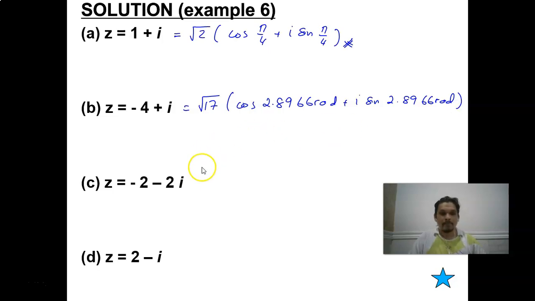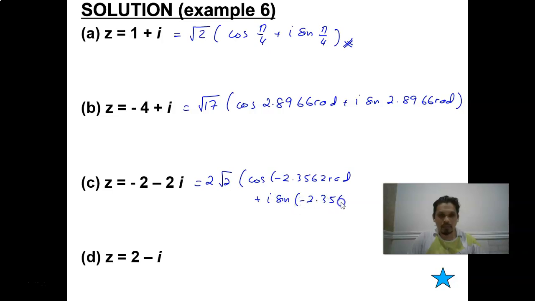Next one, it is 2 square root of 2, cos negative 2.3562 radian plus i sine negative 2.3562 radian.